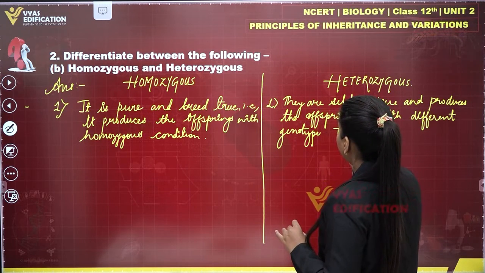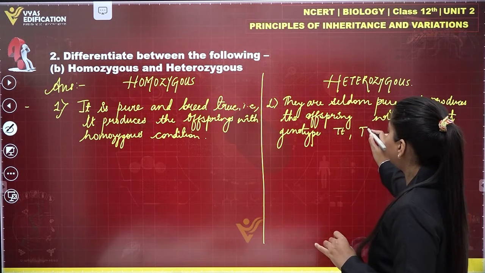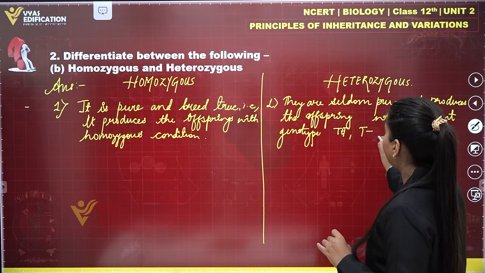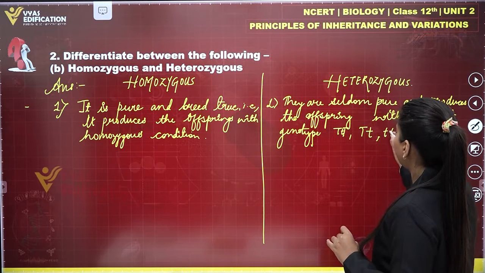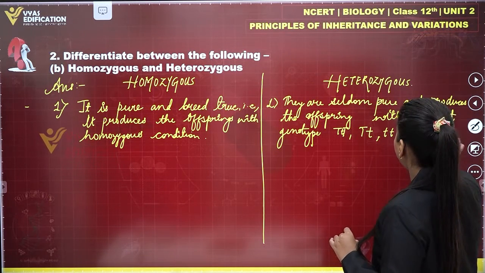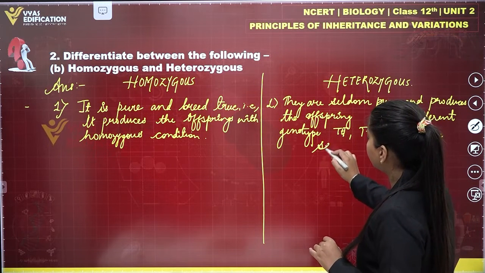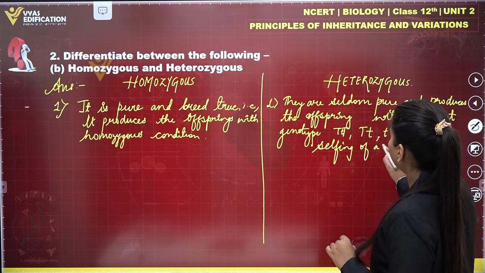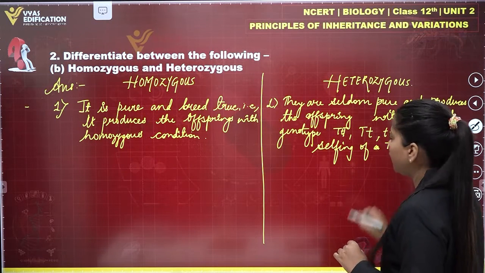That means capital T capital T, capital T small t, small t small t on the selfing of a heterozygous pair such as capital T, small t.